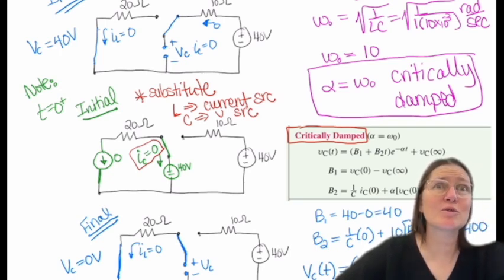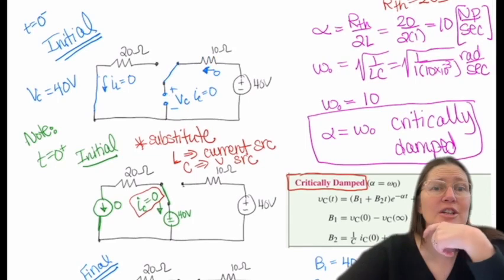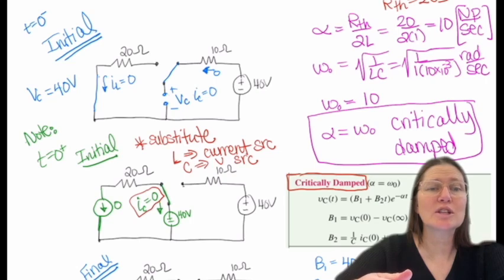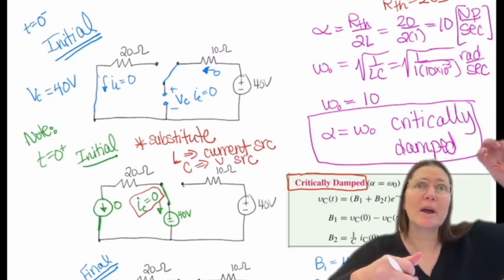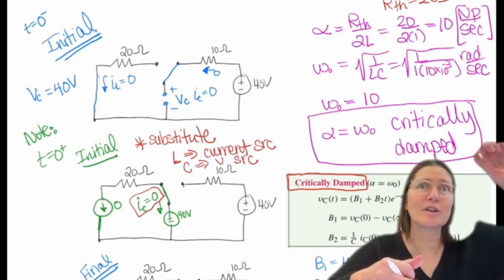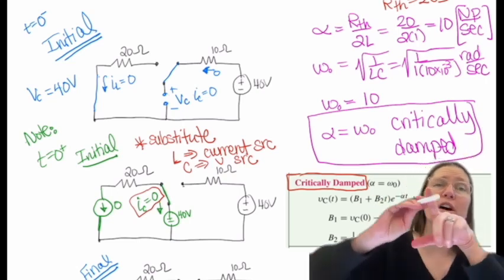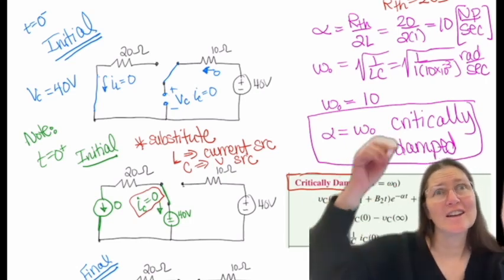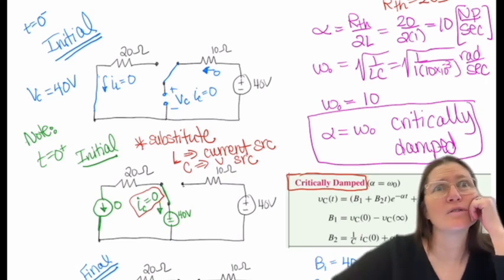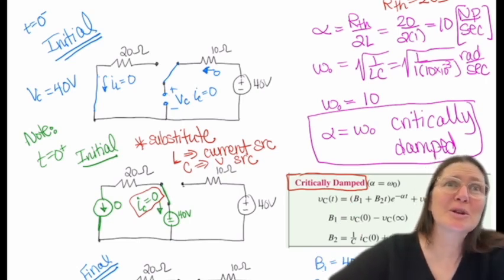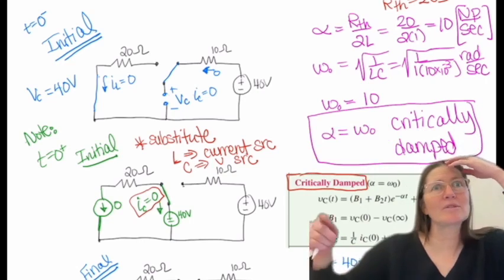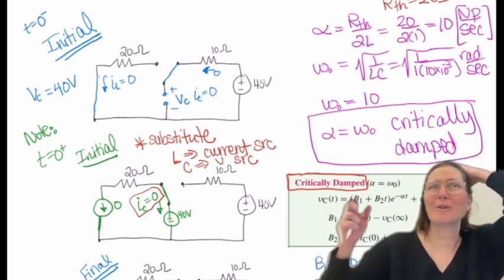The voltage across the 20 ohms is going to change: at 0 minus it's 0, but right as I switch to 0 plus, the capacitor's 40 volts is across it. So that initial value would be 40 volts. If I drew the 20 ohm voltage, it would start at 40 and then drop to 0. But if I look at the time right before the switch, it's still 0, so it would look like 0 to 0, but it's not really, because it starts at 40 right at the switch and goes down. Hopefully that helped.